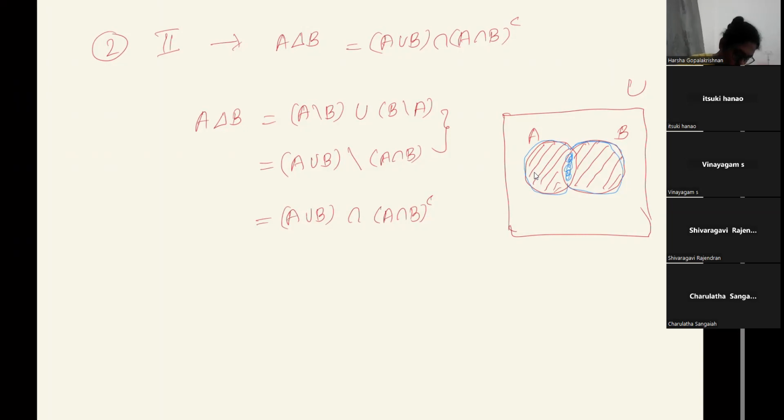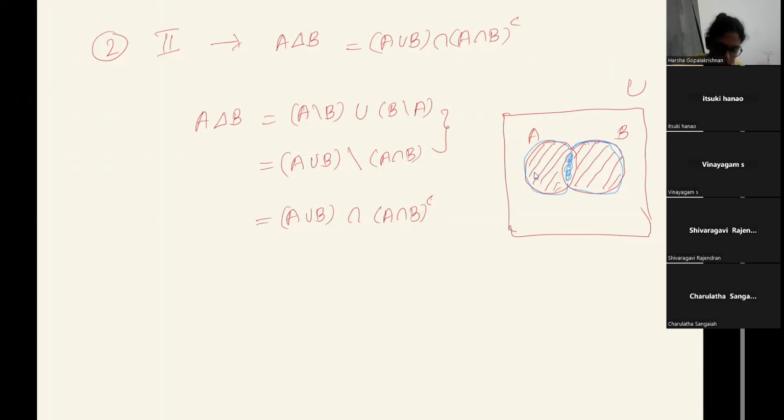A union B. So from A union B, that intersection region I am removing. So that is exactly same as the red shaded portion, right? Yes, ma'am. That red shaded portion is our first definition. From A union B, if I am removing the blue portion, it is the same as the first definition.